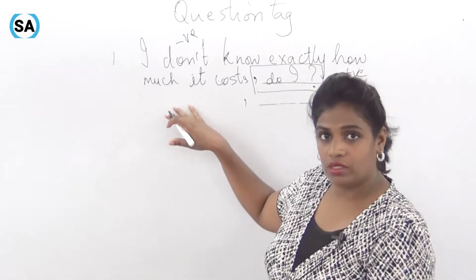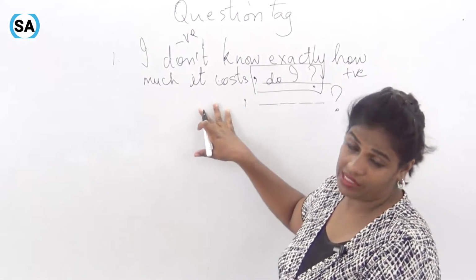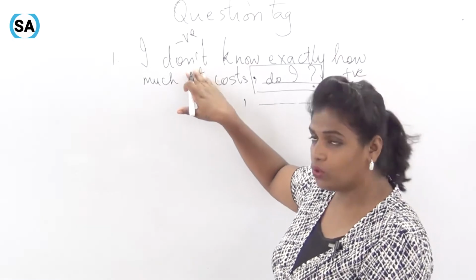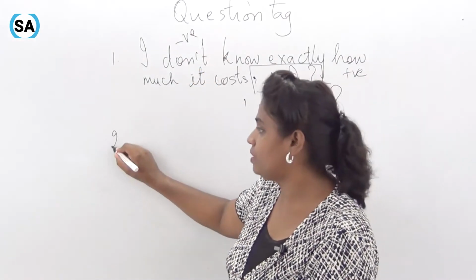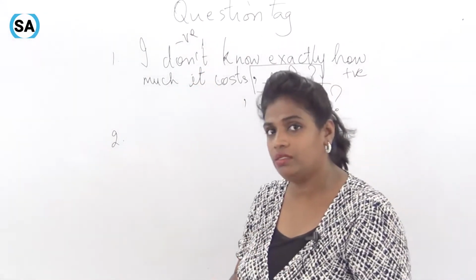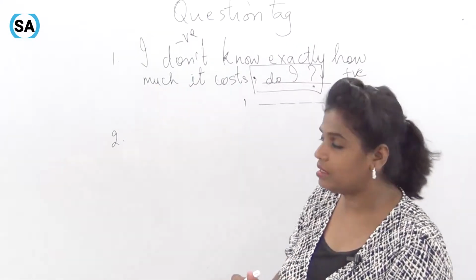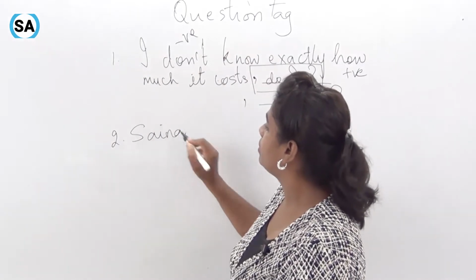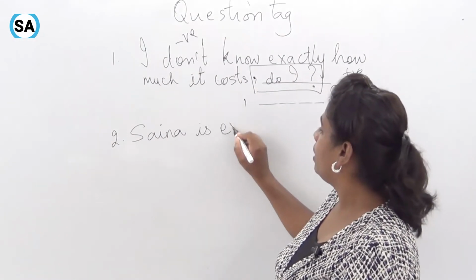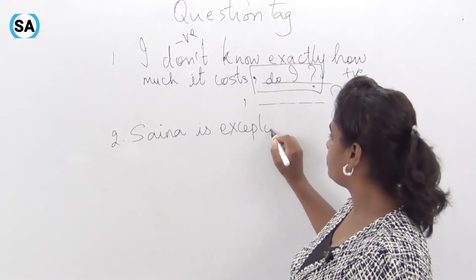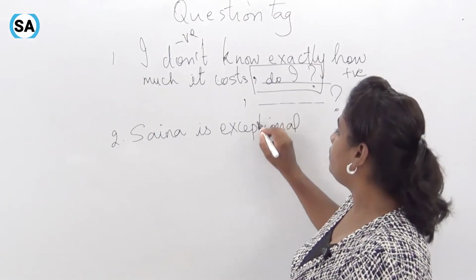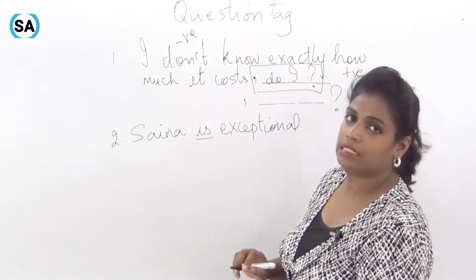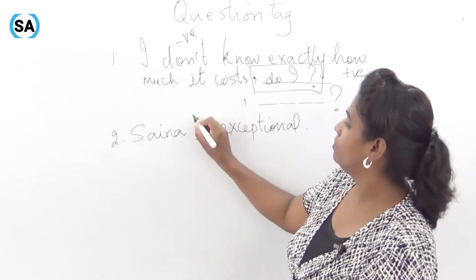Now, we have seen the first sentence, which is a negative sentence, which says don't. Now we will see a positive sentence and how we change it to a negative question tag. So the sentence will be: Saina is exceptional. When we see this sentence, we find out that this sentence is positive.